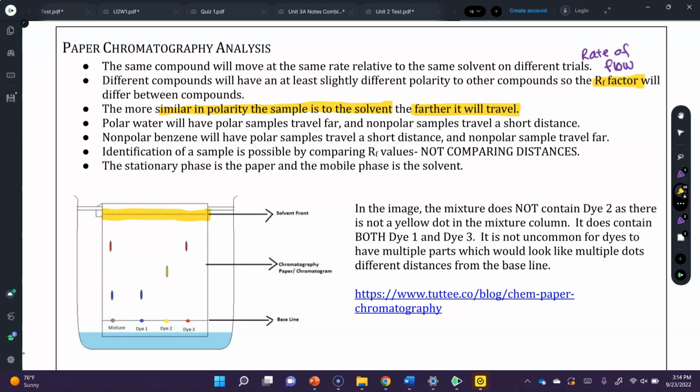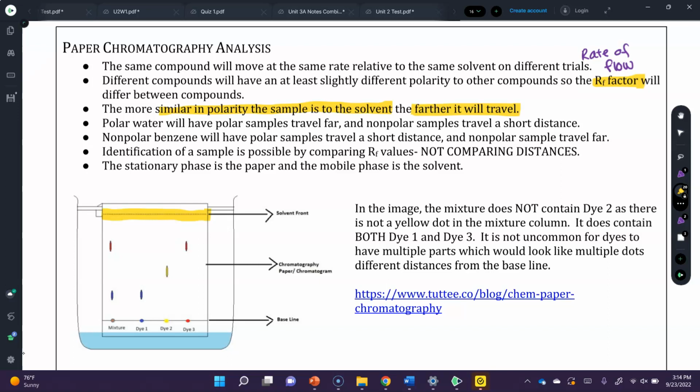So basically, the sample will travel based off of how much it likes the solvent, or eluent, the solution that you're using to put the paper in. It'll travel based off of how similar its intermolecular forces are to it.